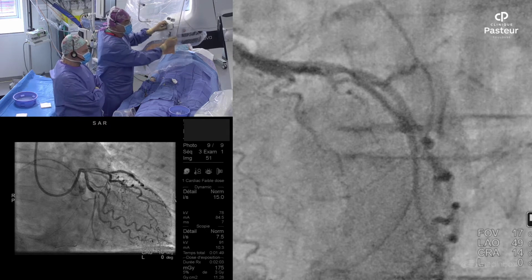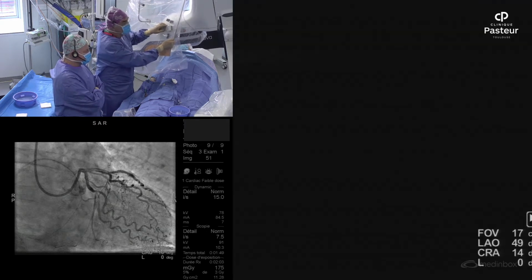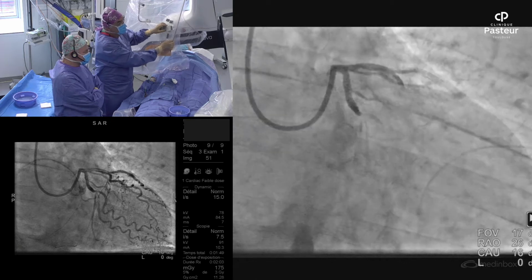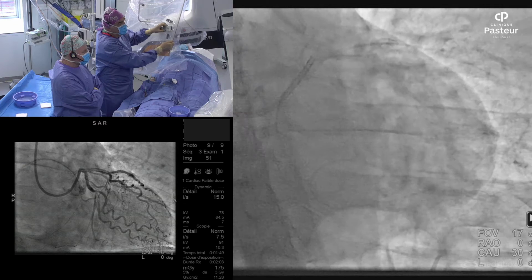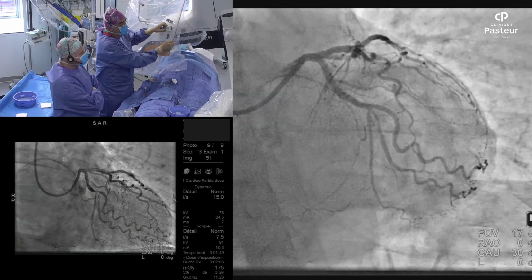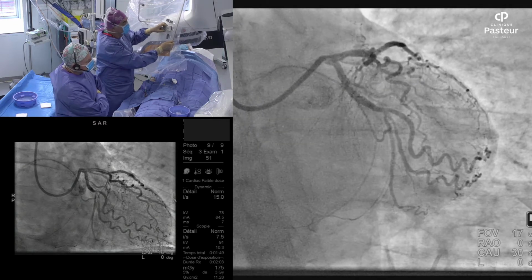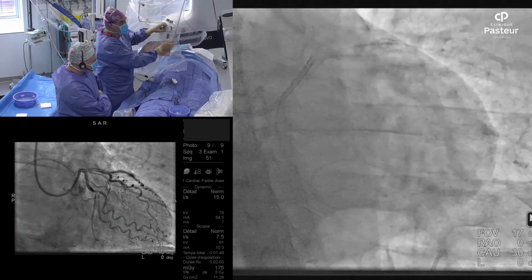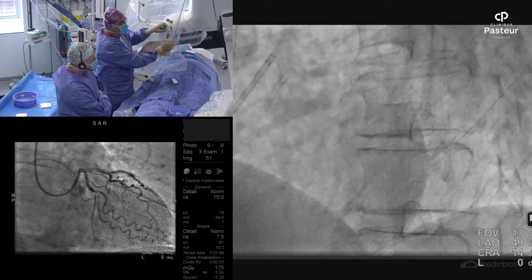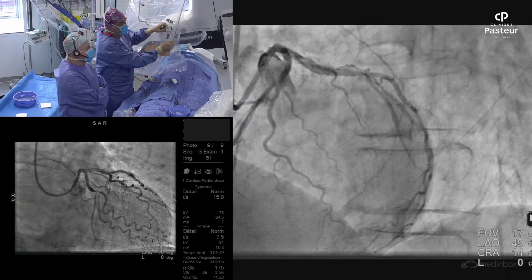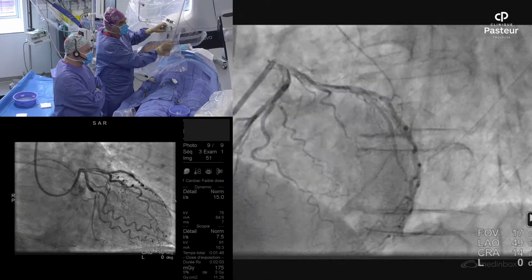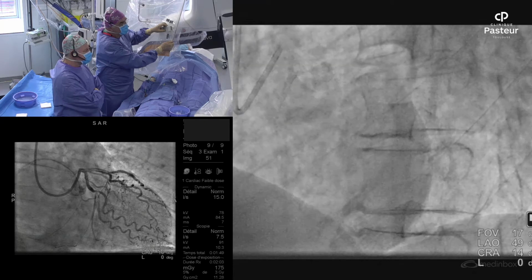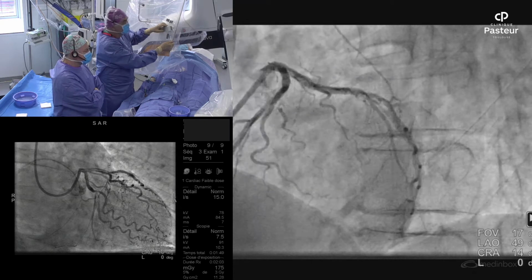This is possible. But anyway, what we could do, as Bruno said, after placing the wire, is place a 2.5 millimeter stent inside the circumflex and the first OM branch. And then we will see what size of balloon we will need for the post dilatation.